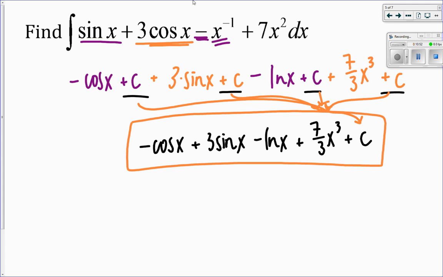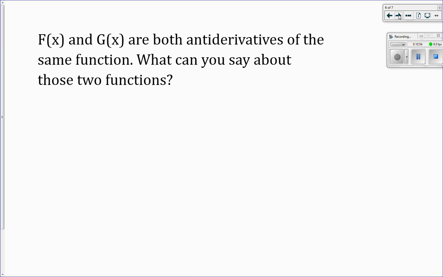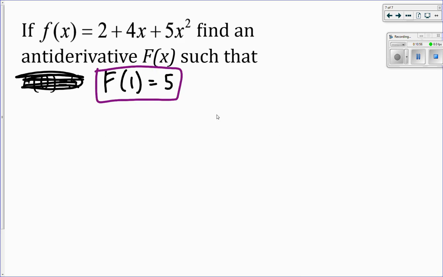I'm going to skip this next example, and we're going to talk about one other. If a function is equal to 2 plus 4x plus 5x squared, find an antiderivative such that the antiderivative at 1 is equal to 5. So we start by finding an antiderivative.